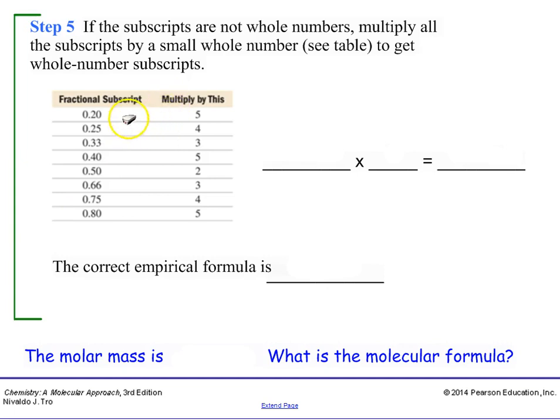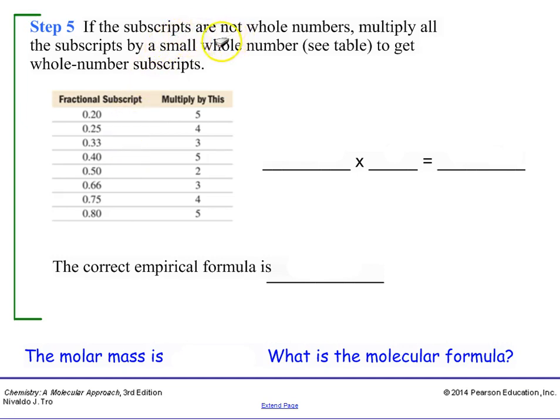And we have these fractional subscripts. This is something that you just need to know, and you probably know most of them already. If you end up with a 0.2, that's a fifth. 0.25 is a fourth. 0.33 is a third. 0.4 is 2/5.